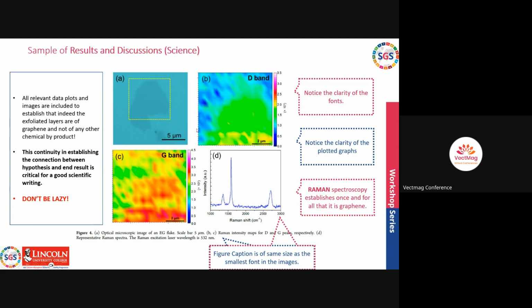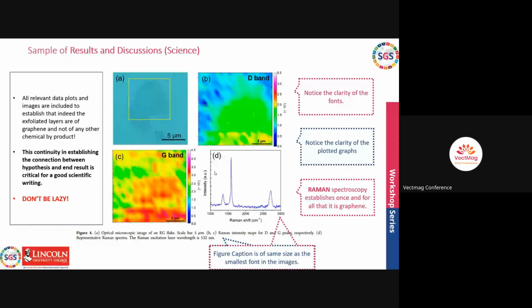In all of these reputed journals, when you go through them, you will see that the figures have absolute clarity. Even the smallest font is so clear that you can read it from a mile away. That's very important.